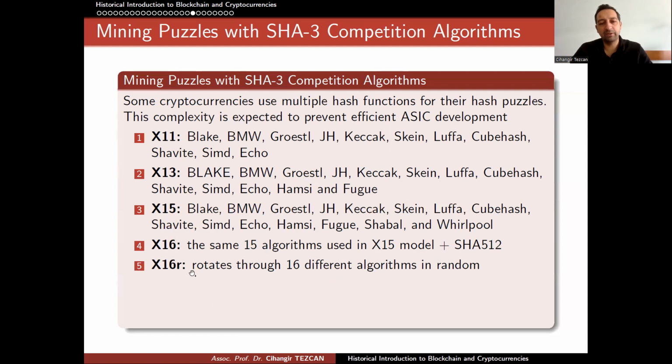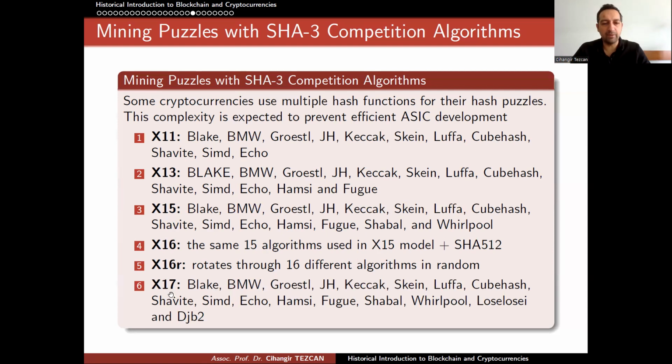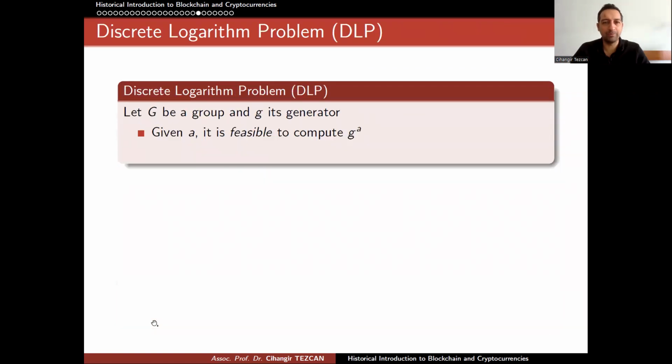In X16, instead of using 16 algorithms in a specific order, for every block the order of the algorithms is randomized, which actually prevents building a good ASIC. And finally, we have X17 with 17 algorithms. So hash functions are really used in mining and so on.